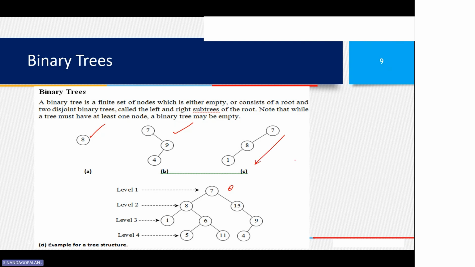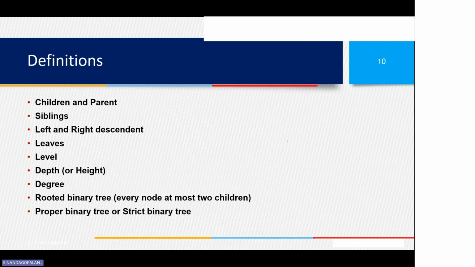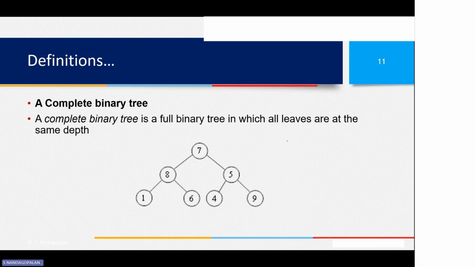That means the right subtree is totally absent, so no problem. Still it's a binary tree. So this is very important. Then you have children, parents, siblings, left, right, descendant, depth, all these are the usual definitions.